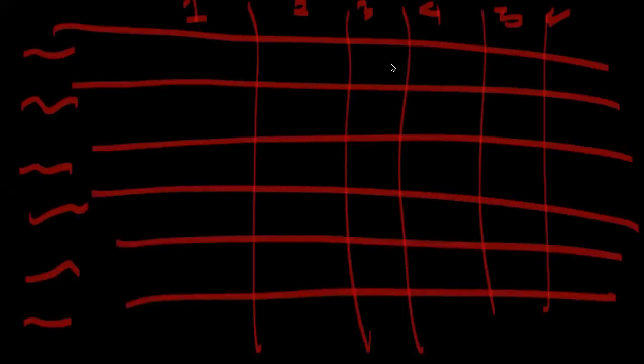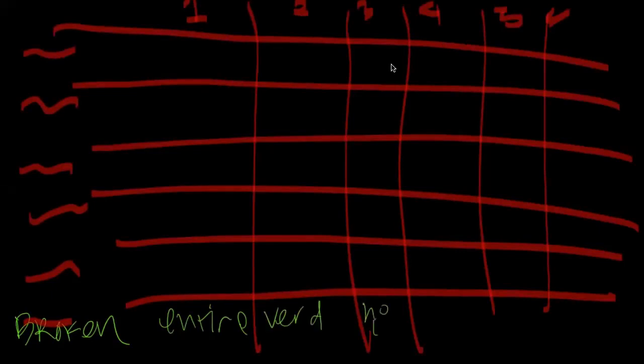So for example, what happens if this is broken? I would write down that for this one, the entire image is lost. This one has a vertical line of dropout. This one has a horizontal line of dropout. I would just fill it in, and then students would start seeing patterns.